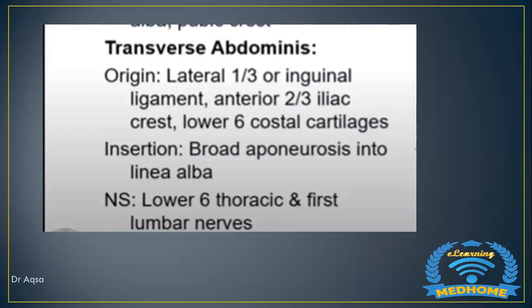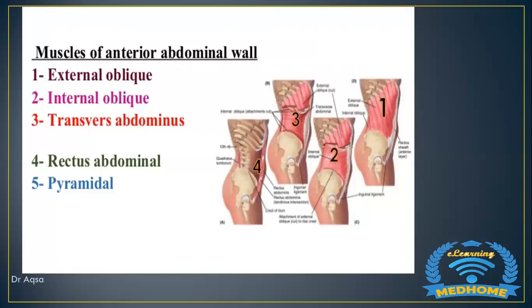And its nerve supply is also from the lower 6 thoracic nerves and the first lumbar nerve as well.